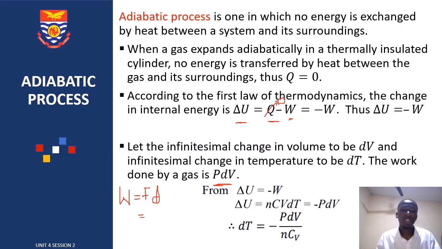Making force the subject, you are going to get pressure times area times this d, the distance here. Because we have area here and we have a d here, we can combine the two to get a volume. So at the end, we get our work done to be equal to P, that's our pressure, times volume. But this time around, we know that our V here is an infinitesimal change in volume, so we bring our d here.